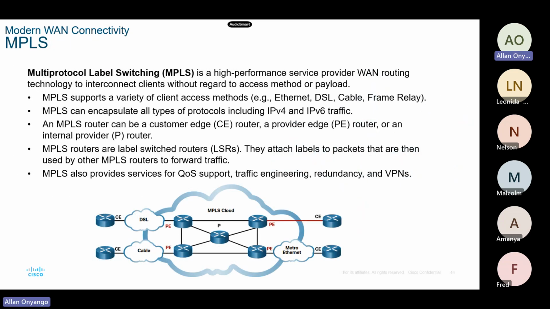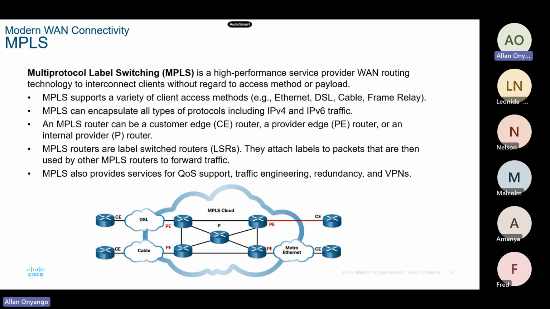Now, the MPLS, the multi-protocol label switching, is a high-performance ISP routing technology, which can be used to interconnect clients without regard to whatever access method they have, okay? And so they can carry and encapsulate a packet, whether it's IPv4 or IPv6. They have different client access methods. You can connect through Ethernet, cable, frame relay, or DSL.